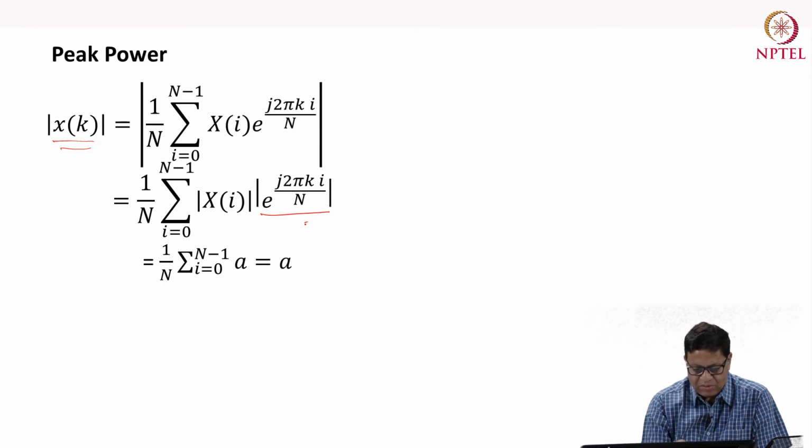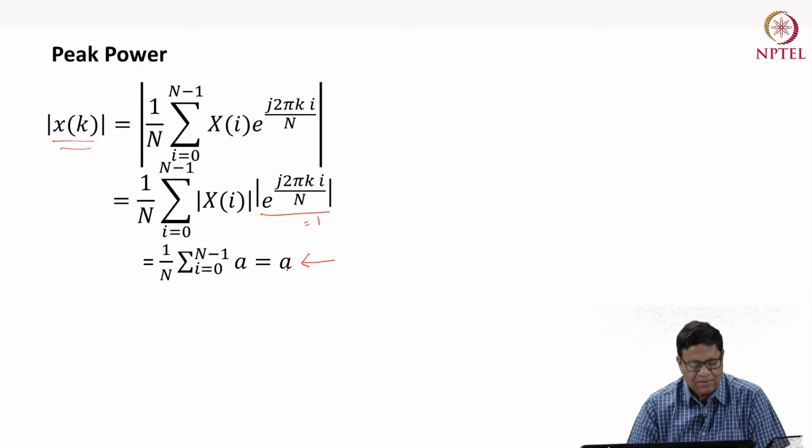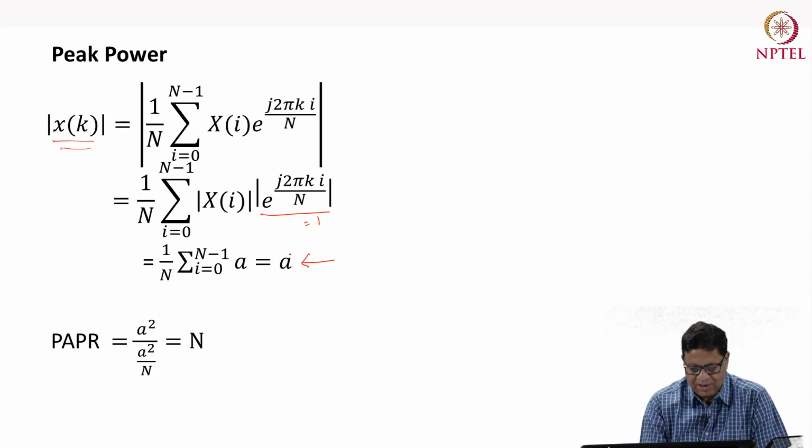So this is 1 by n into summation i equal to 0 to n minus 1 of A, which is A plus A, n times, nA divided by n gives me A. So this is the mod value of the sample here. And if you take the power, this will be A square.